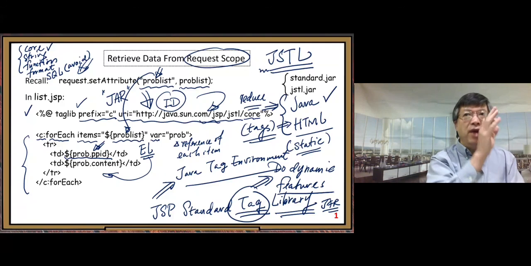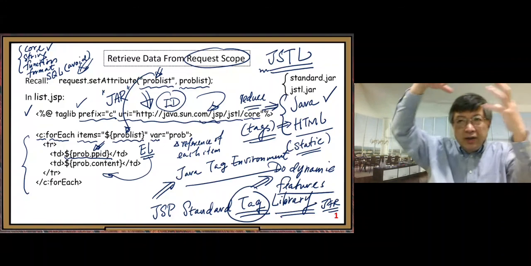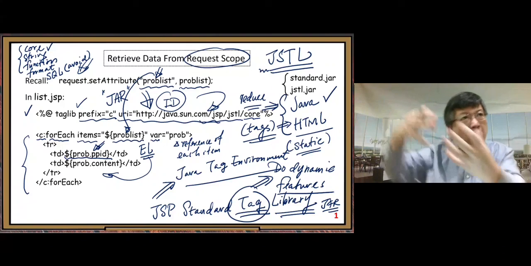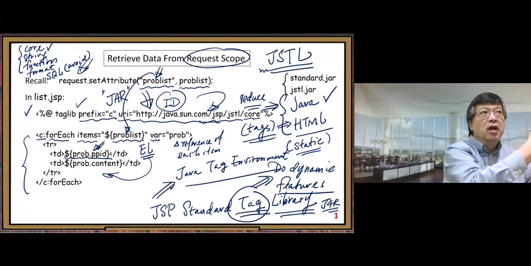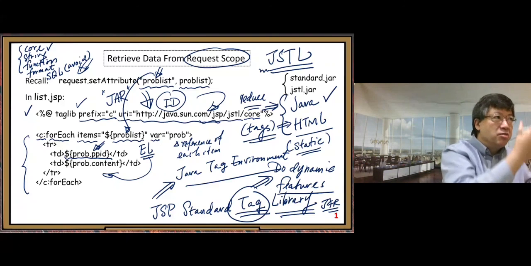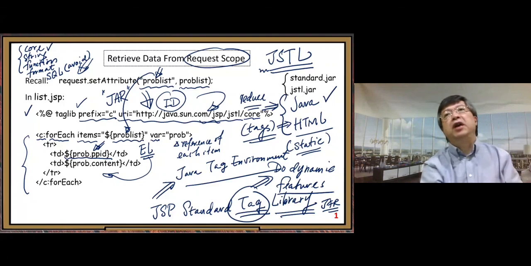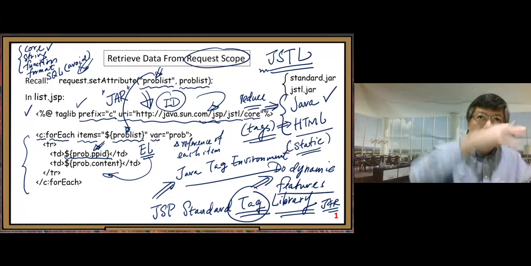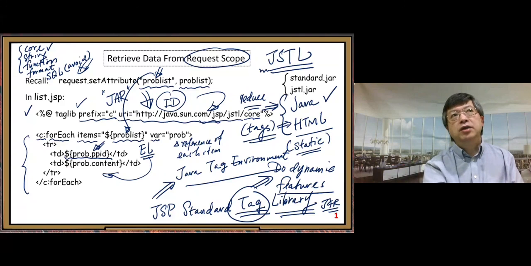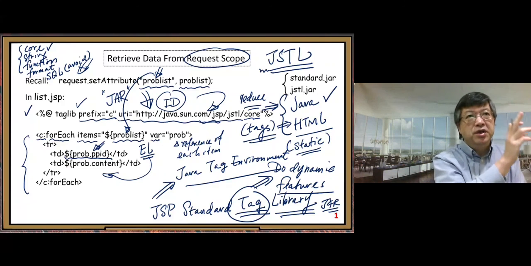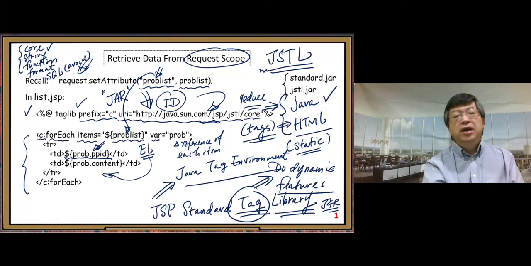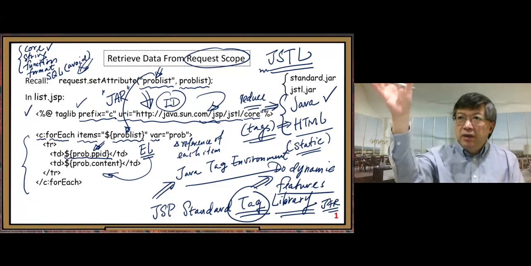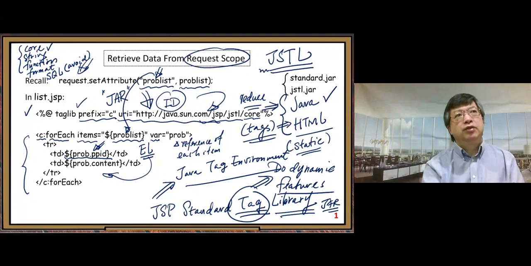So the later versions of JSP took the EL part out of JSTL and put it as part of the JSP technology. The newer version of JSP technology contains that EL part. So if you just want to use EL, you do not need the JSTL part. You just use it directly from JSP.